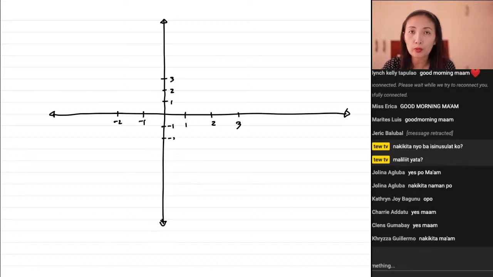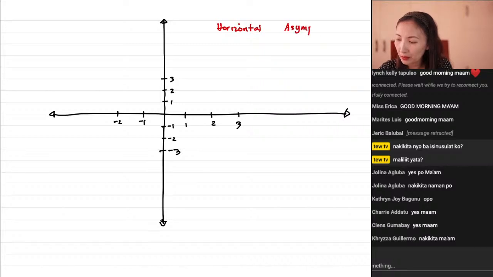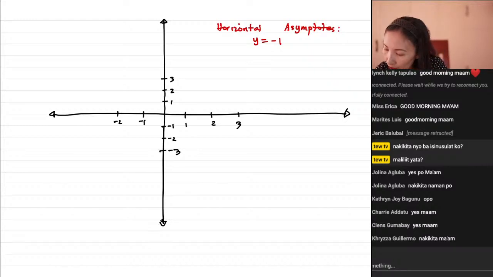Let's go back. What did we say? The function is not defined, so it cannot possibly pass through our horizontal asymptotes and vertical asymptotes. We begin with these. Step number 2, what did we say? We found out that the function has a horizontal asymptote at y equal to negative 1. So let's draw that using a dotted line or dash. Let me use blue. y equal to negative 1 is this.